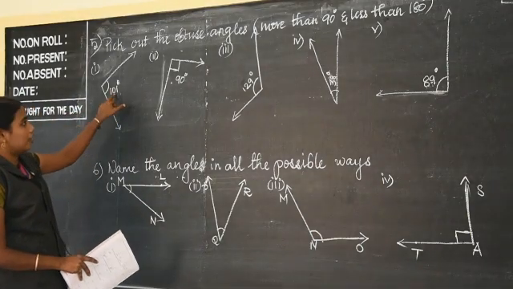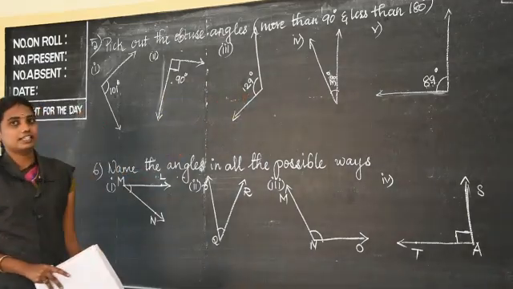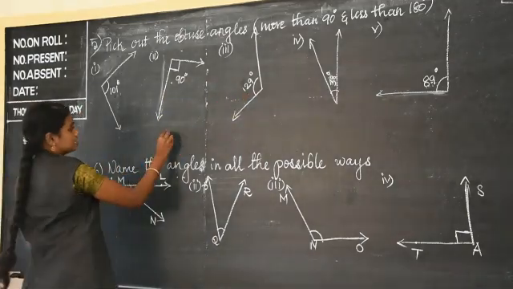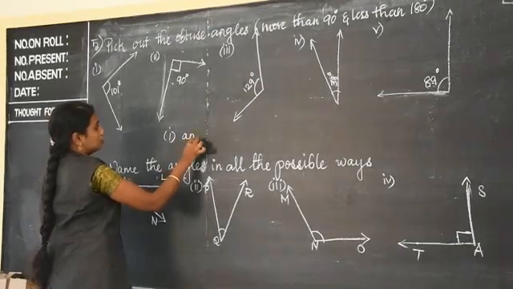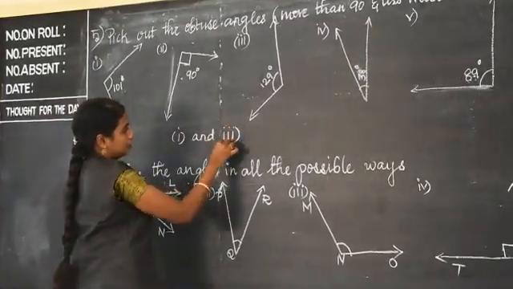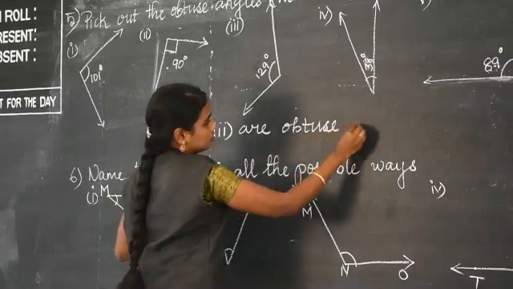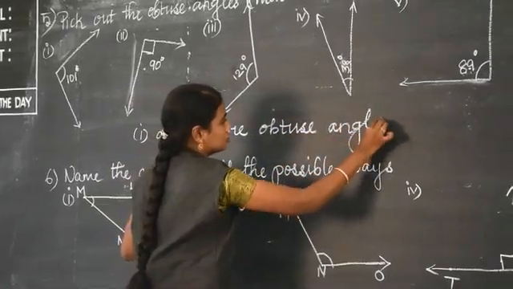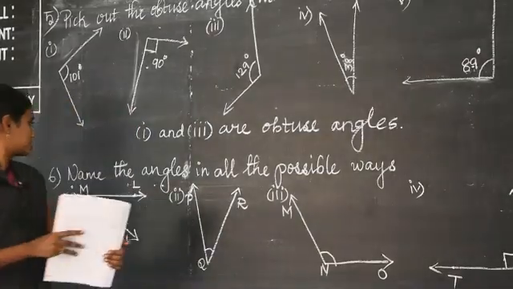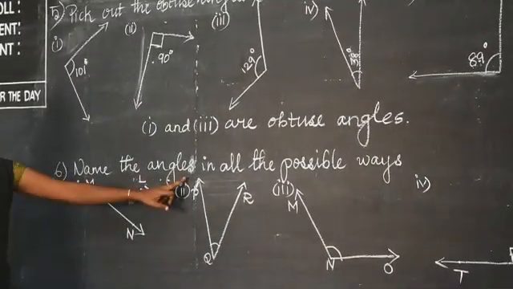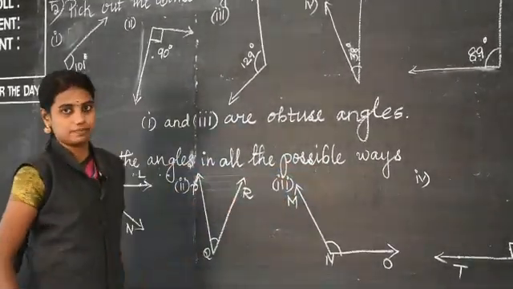So 101 and 129 are obtuse angles. So the answer is option 1 and option 3 are obtuse angles. Clear?